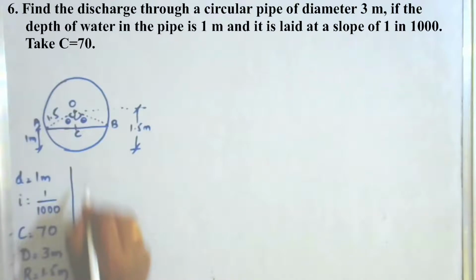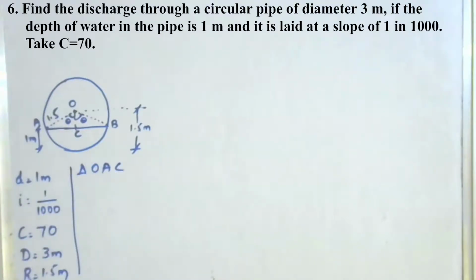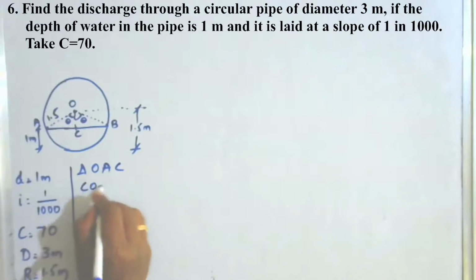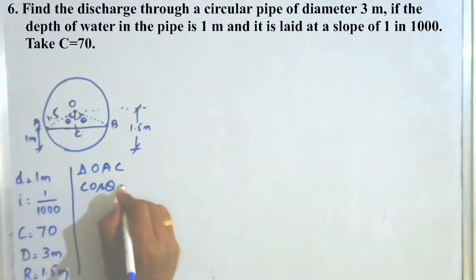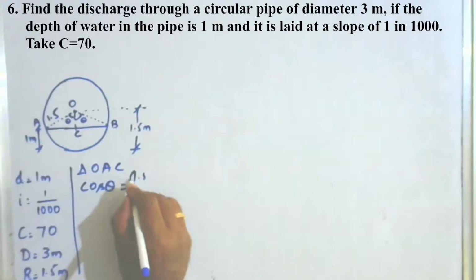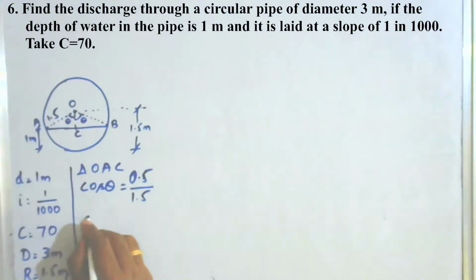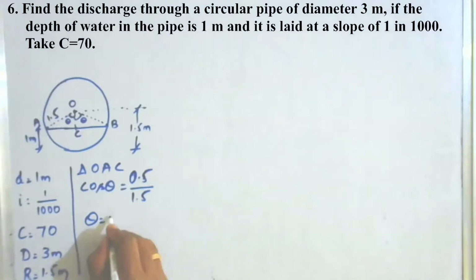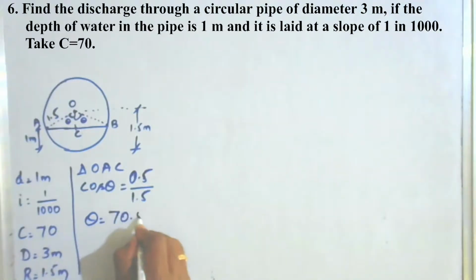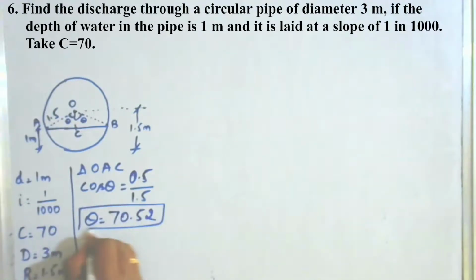So from triangle OAC, if I apply cos theta, which is equal to the adjacent side OC, 0.5, divided by the hypotenuse 1.5, then the theta value works out to be 70.52 degrees.